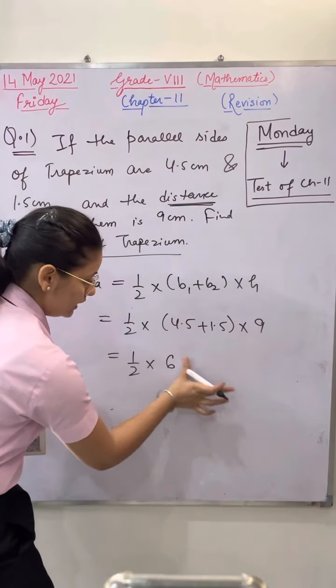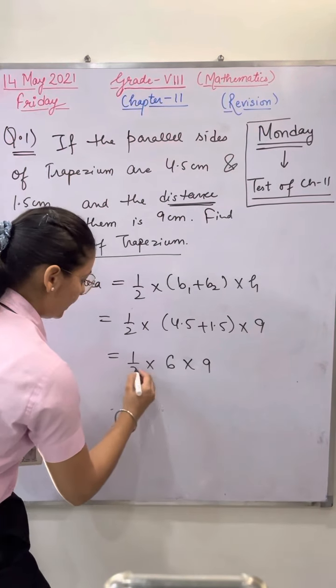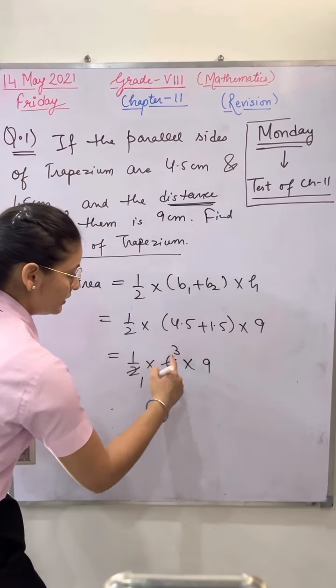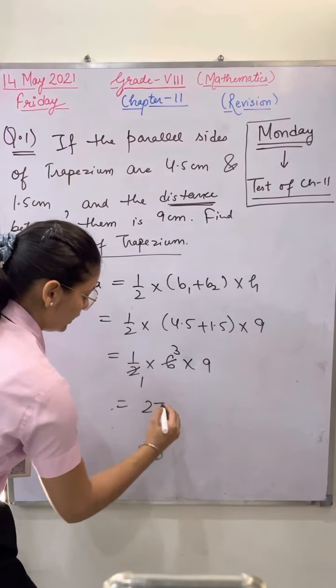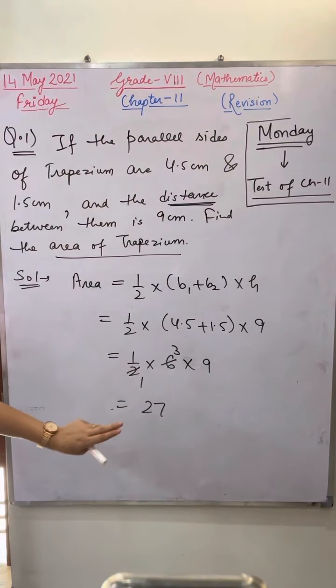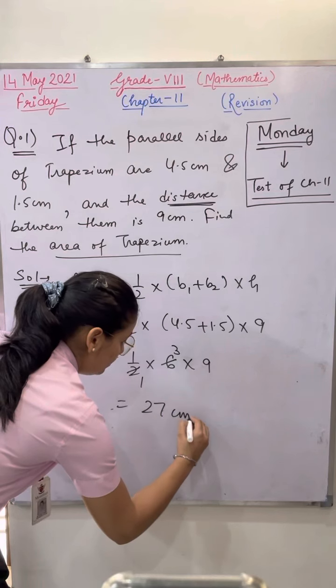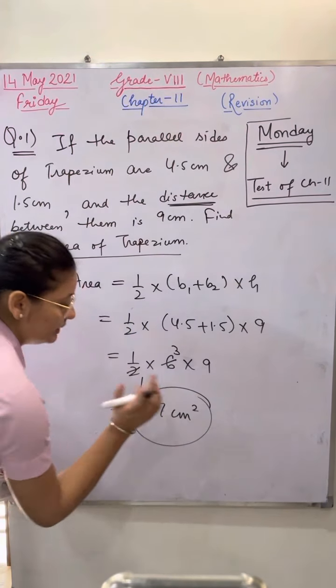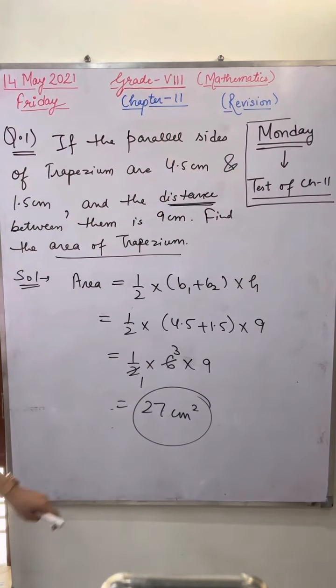Now 2 1s are 2, 2 3s are 6, 3 9s are 27. Some have written only 27. It is 27 centimeter square. Area will always come in centimeter square. This is the answer.